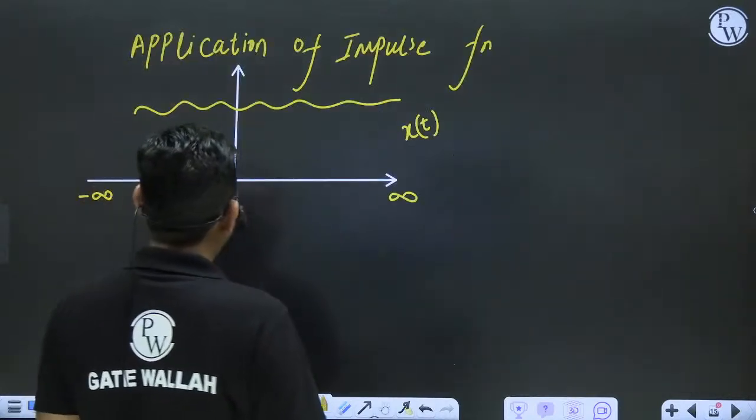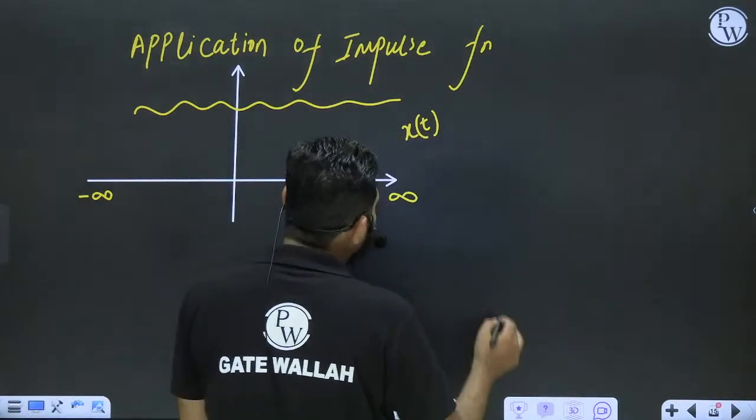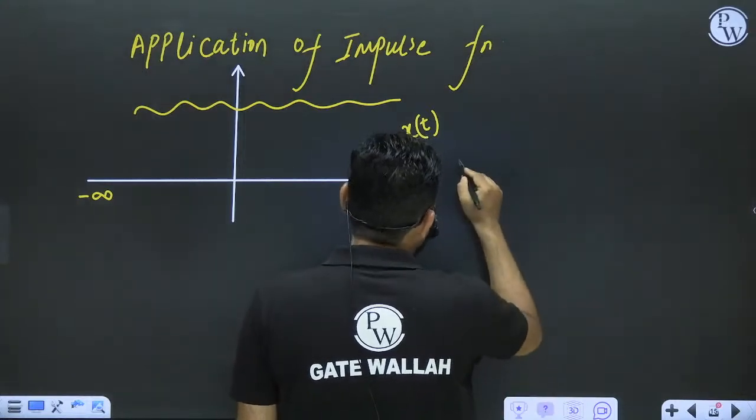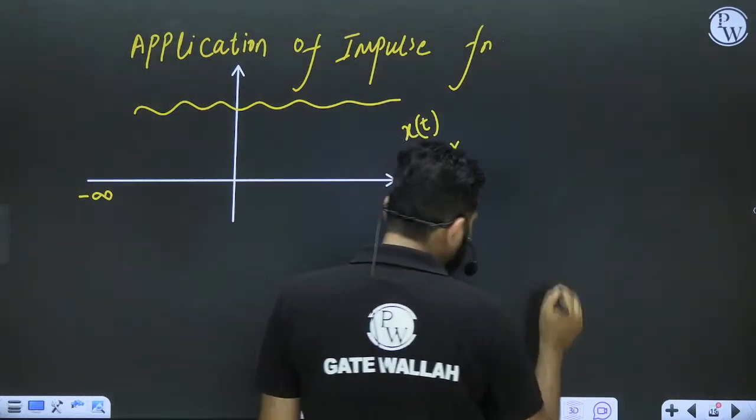Now let's see. Suppose I have an x of t, and what I'm doing is multiplying it by three impulse functions.